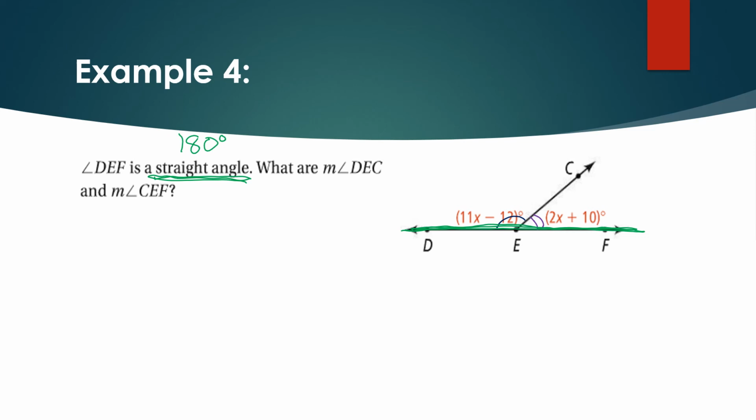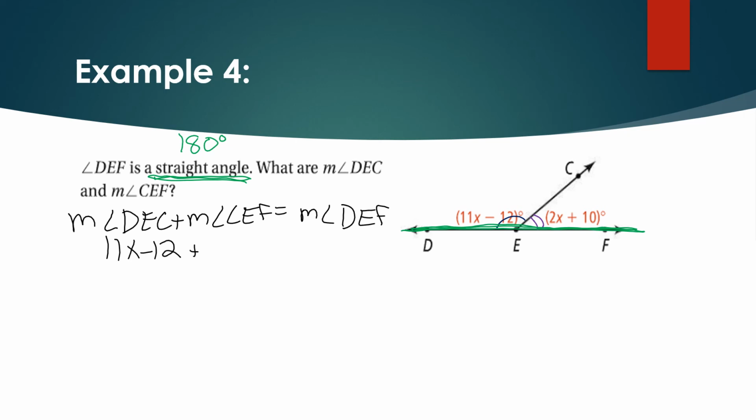So the measure of angle DEC plus the measure of angle CEF is equal to the measure of angle DEF. So angle DEC is 11x minus 12.